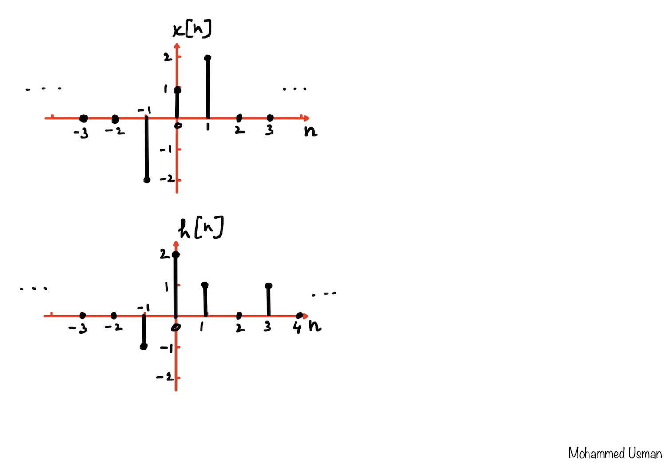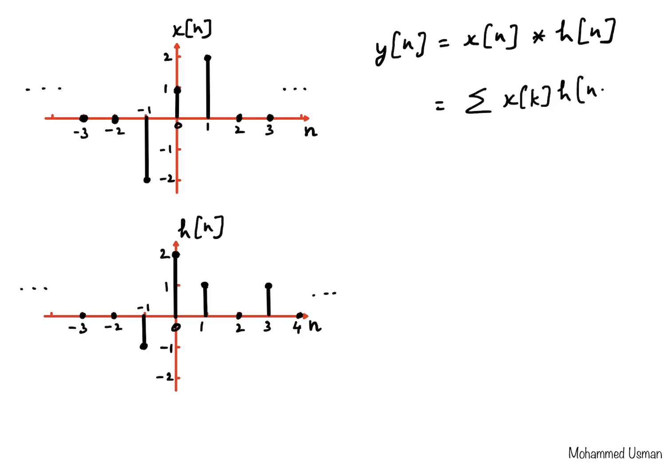From the equation of convolution, we can write the output y of n as the convolution between x of n, convolution being given by the star symbol, and the impulse response h of n, which is equal to the summation of x of k into h of n minus k, for k equals -infinity to infinity. We are going to substitute k equal to -infinity and so on.